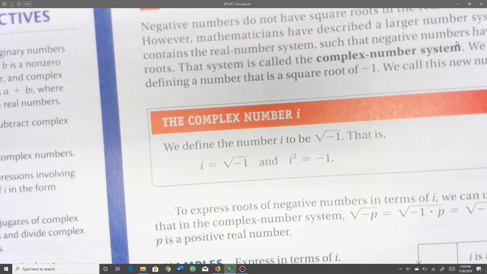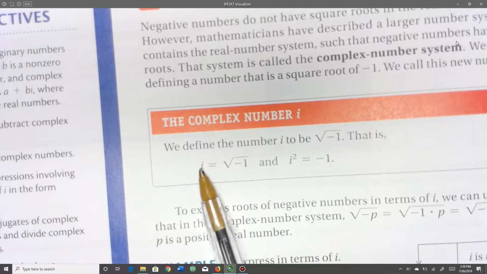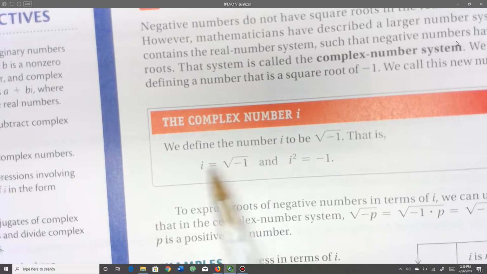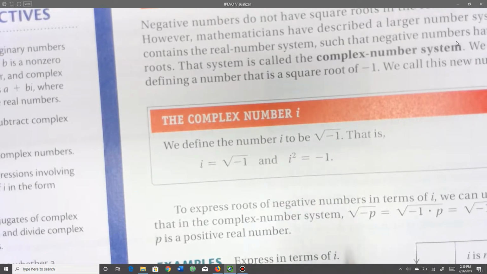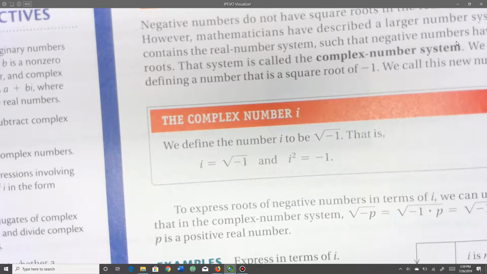There's a very minor difference when you have i's, or imaginary values, inside a radical, and I will go over that when we come across it.